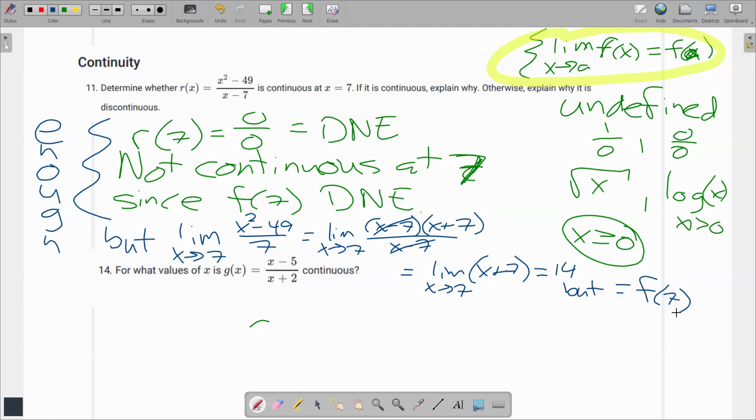Or I guess we called it r here, sorry. But that's more work than I need to do. So if you look at something and say, oh, the function doesn't exist there, not continuous, or you say, oh, the limit doesn't exist there, not continuous. Sometimes you have to go as far as showing that they're not equal.